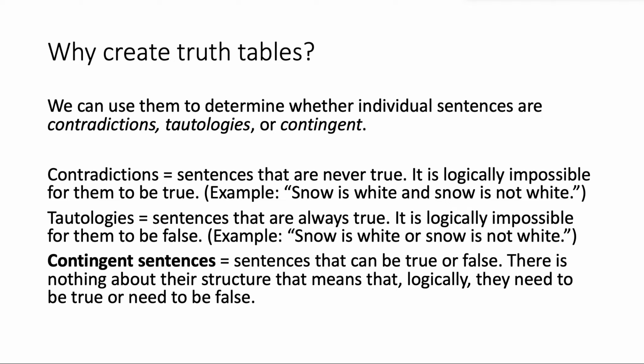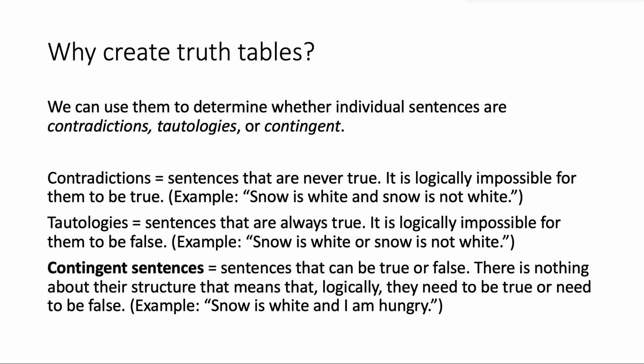An example is snow is white and I'm hungry. Whether that's true or not is going to depend on whether indeed snow is white and whether indeed I am actually hungry. There's nothing about the form of the sentence that indicates whether it's always going to be true or always going to be false.